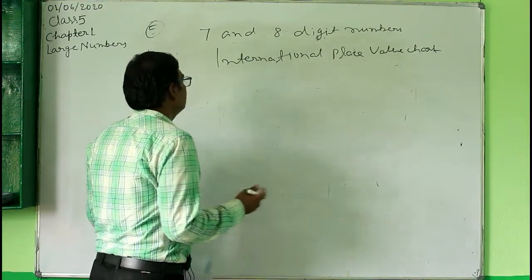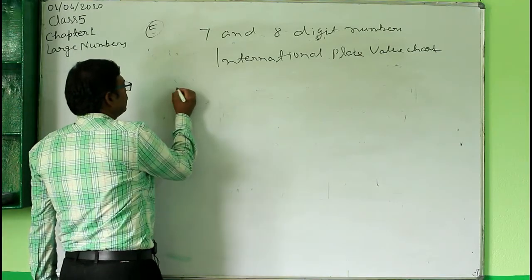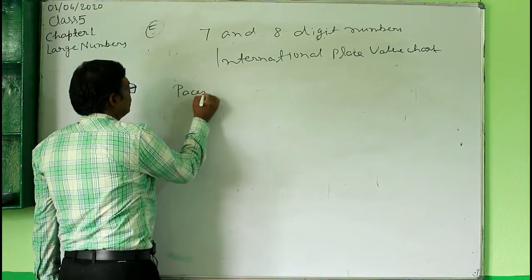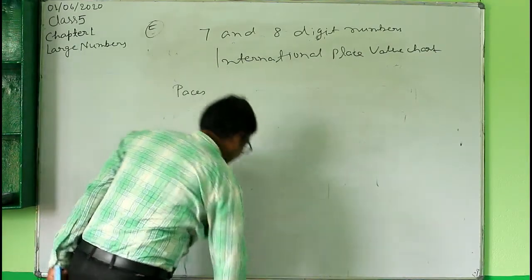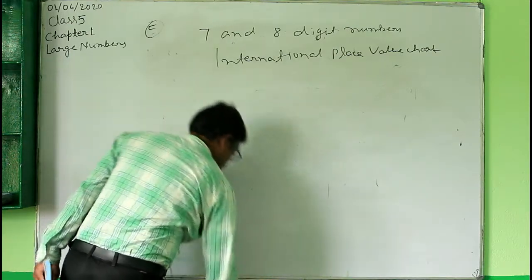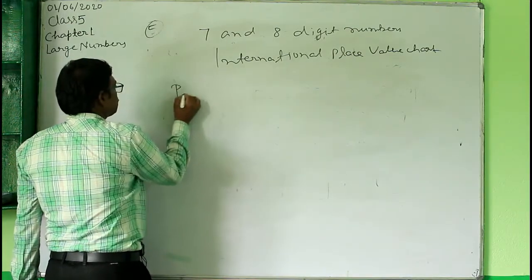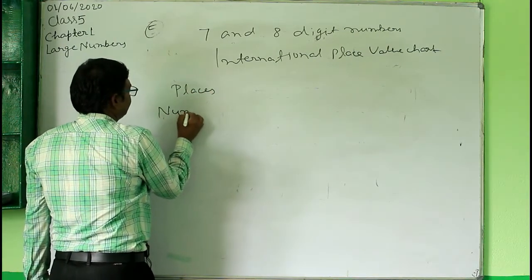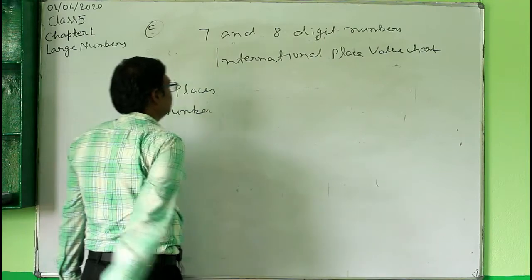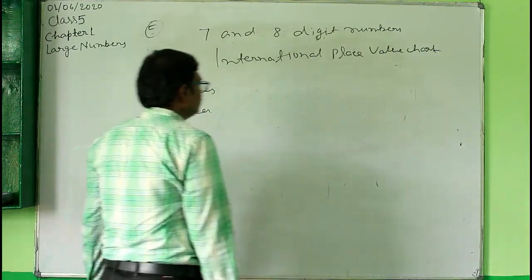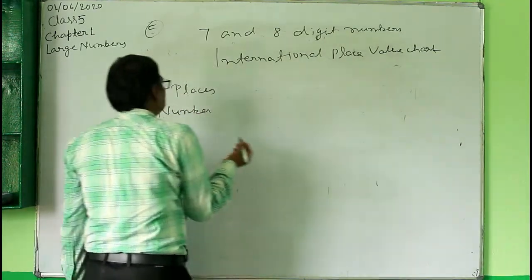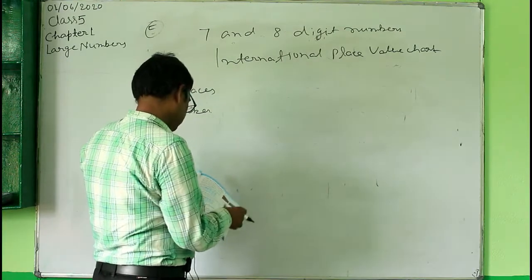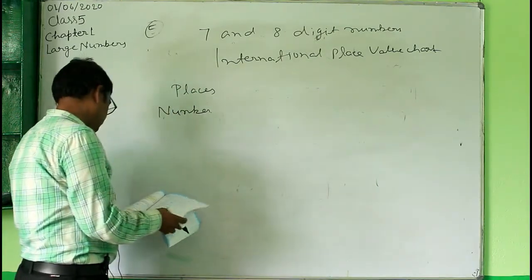You have the millions, and we write places and then write your number. What are the places in this? Again you have the ones, and you can see millions. In this case, you have millions and 10 millions.